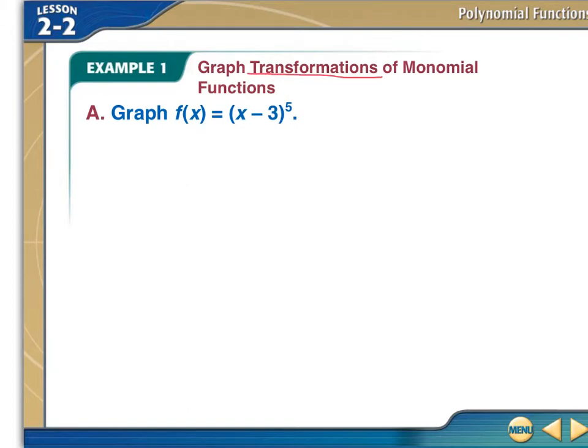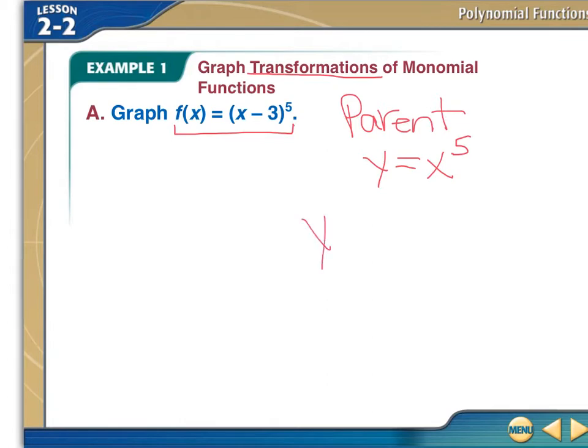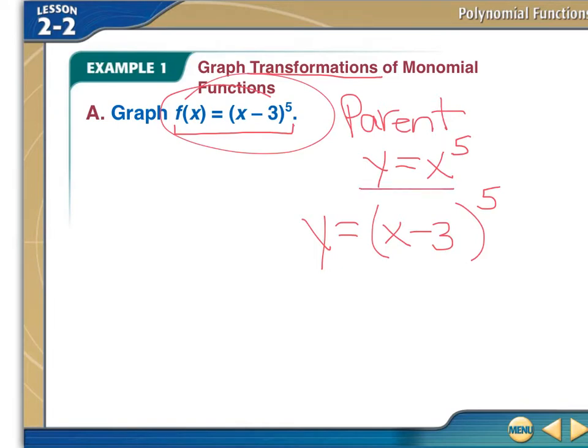Now this function right here is f of x equals x minus 3 to the 5th. Its parent function is just y equals x to the 5th power. If you compare these two functions, you can see that we're subtracting 3 inside the grouping symbols.